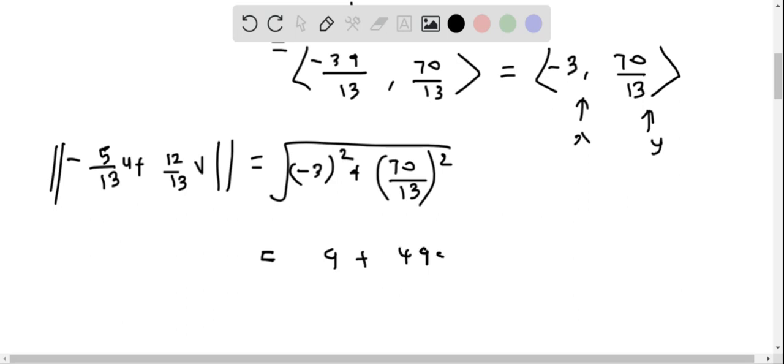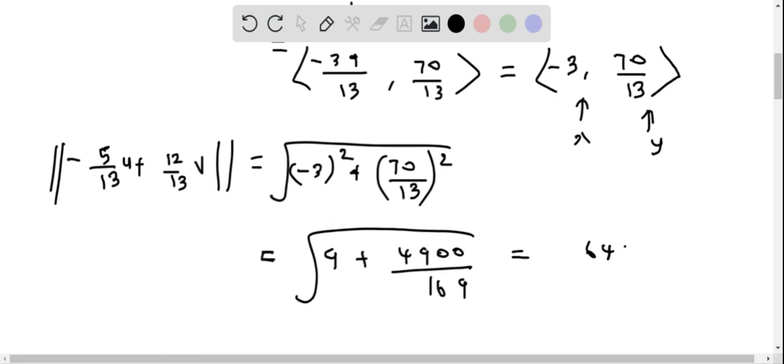This is 4900 divided by 169. We can get this added. So we get 6421 by 169.